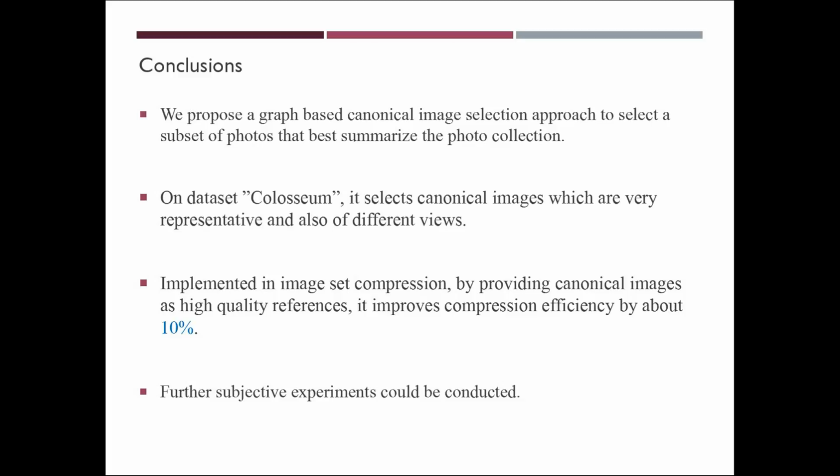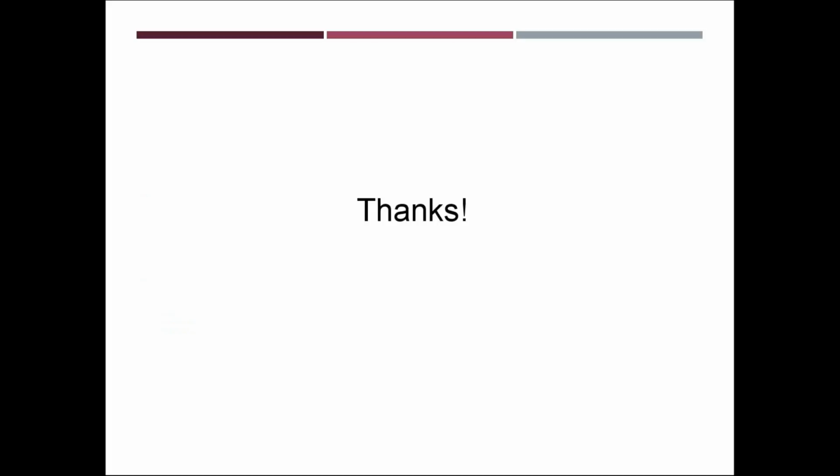By providing canonical images as high-quality references, our graph-based method improves compression efficiency by about 10%. And of course, there is still room to improve. For example, we can perform further subjective experiments to give us a better proof. This is the end of the slides.